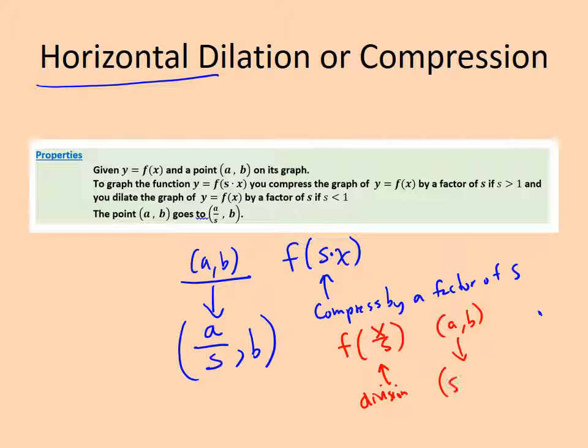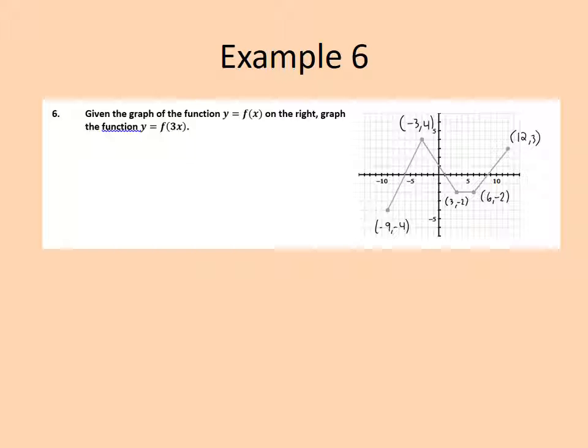So you're going to take s, and instead of dividing, you're going to multiply. And that is a dilation by a factor of s. Once again, anything horizontal, you do exactly opposite the operation with the x-coordinate that is inside the function.